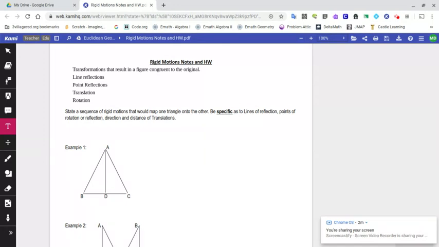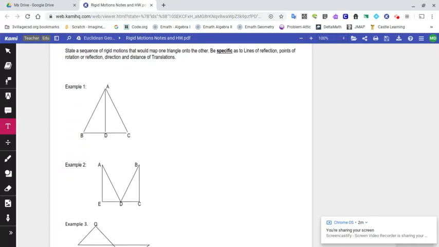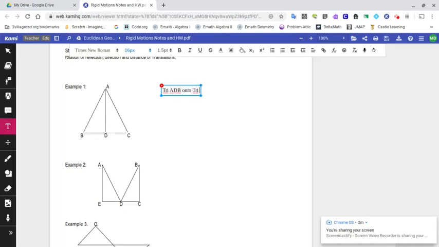For example, I put together a bunch of the proofs that we've worked on, minus the proofs. Let's just assume we're proving these two triangles in example one congruent to each other. How can I map triangle ADB onto triangle ADC?